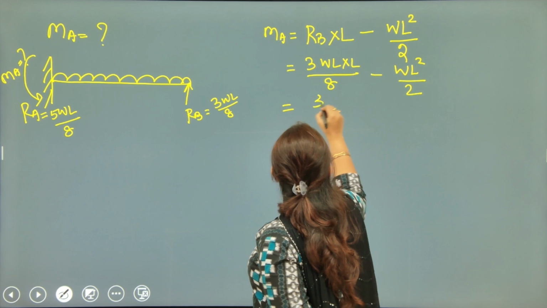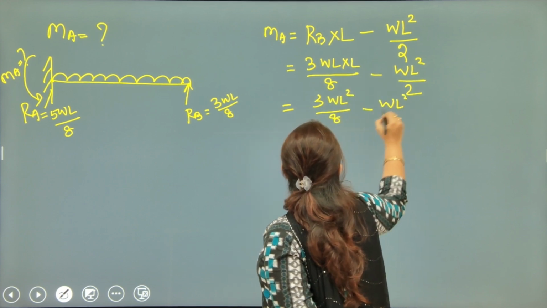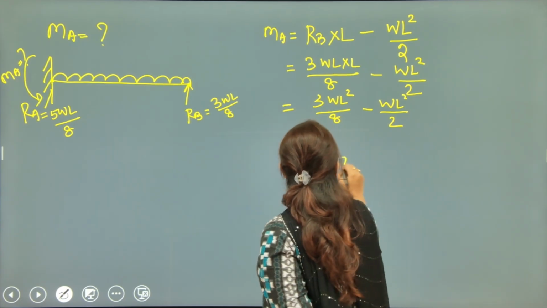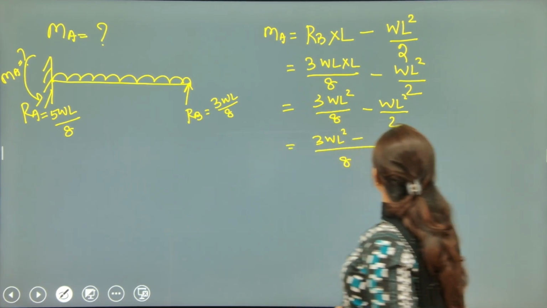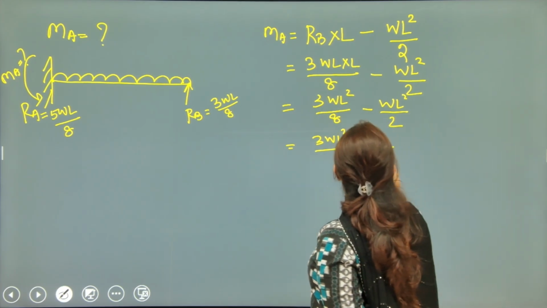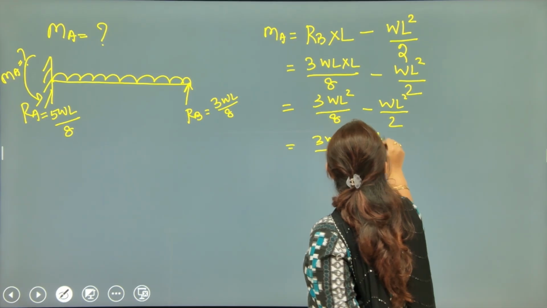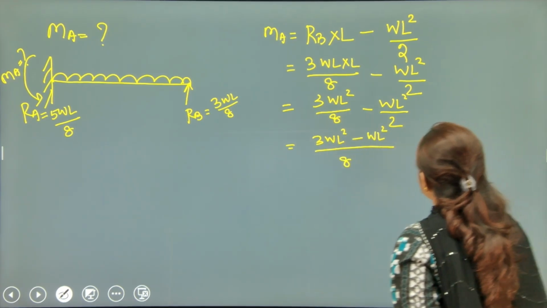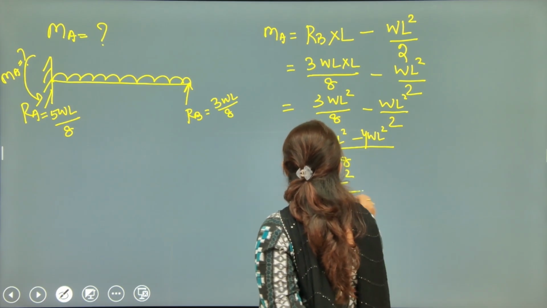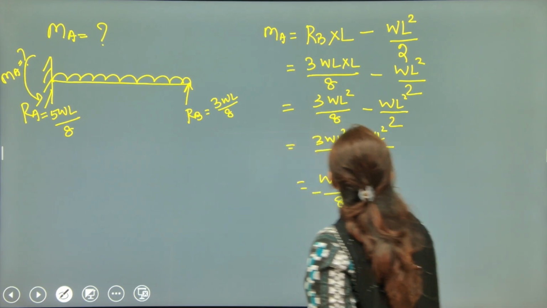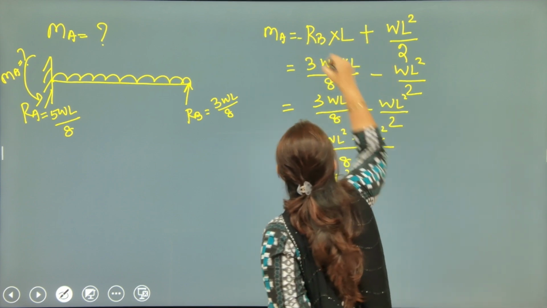That is 3WL square minus 4WL square, that is WL square upon 8 in minus. So here I have changed the sign, plus as minus.